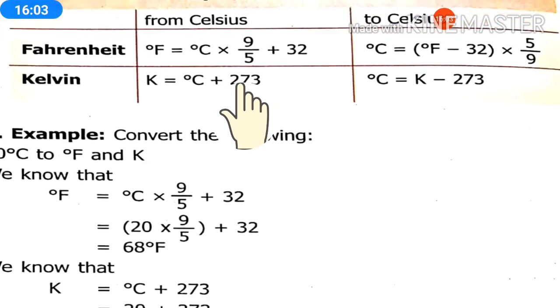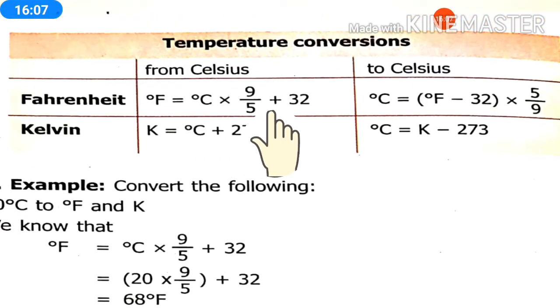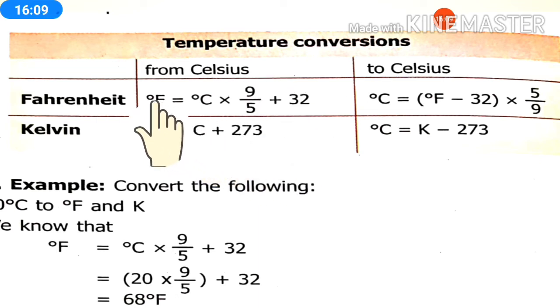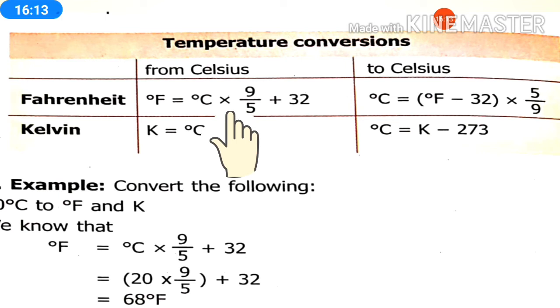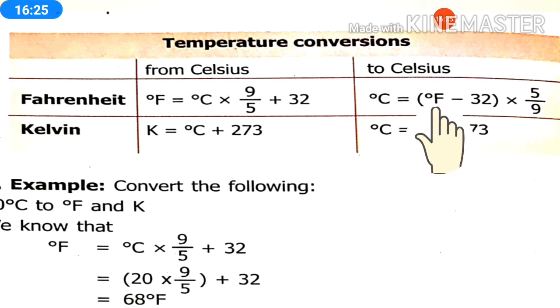There is a formula, and you need to put the value in that. To convert Celsius to Fahrenheit: F equals degree Celsius into 9 by 5 plus 32. And to convert Fahrenheit to Celsius, you have to put the value: Fahrenheit minus 32 into 5 by 9.